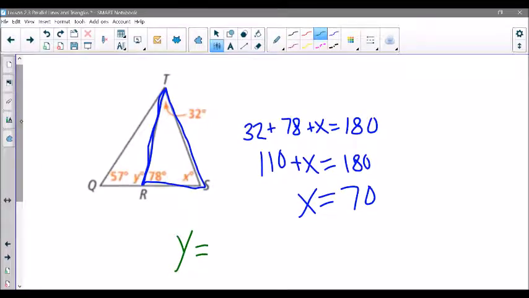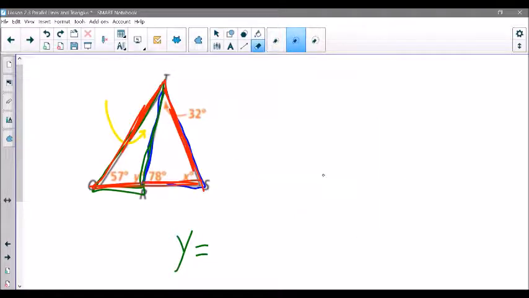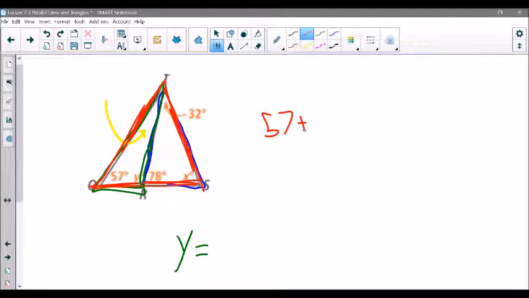We have to be careful because if I look at this triangle, we don't necessarily know that angle. But that's okay, we can get around that because look at the red triangle. We have 57 plus, oh, I already erased it.